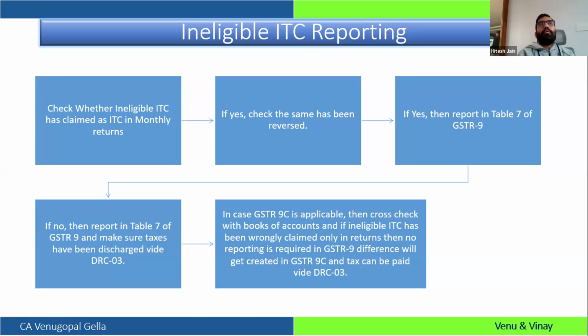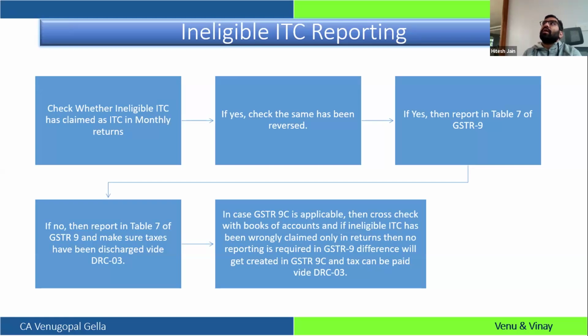The moment you report any figure in table 7 which you have not reversed in your monthly returns, you are bound to get a notice from the department saying that your total reversals as reported in the annual return are not matching with the total reversals as reported in your monthly returns. So for documentation purposes, which would help you in litigation, you need to keep a copy of DRC 03, and at the time of making the payment through DRC 03, the reason you can select is annual return in the drop down which comes there.